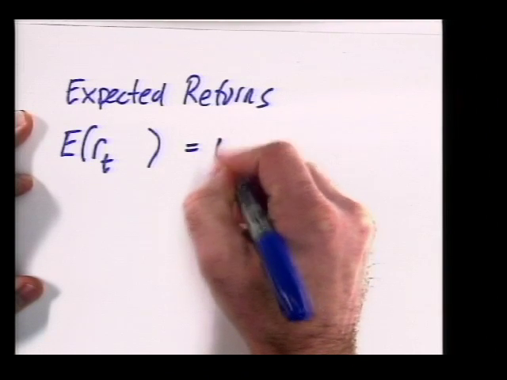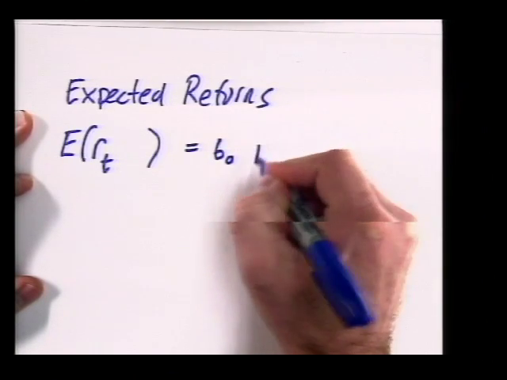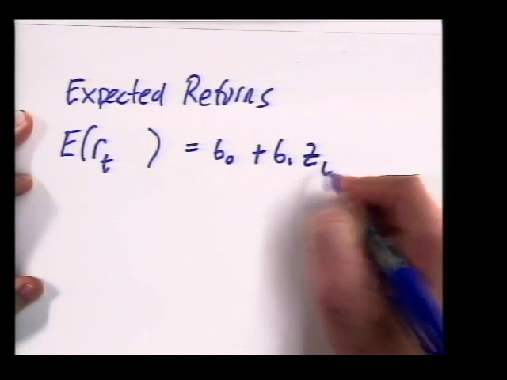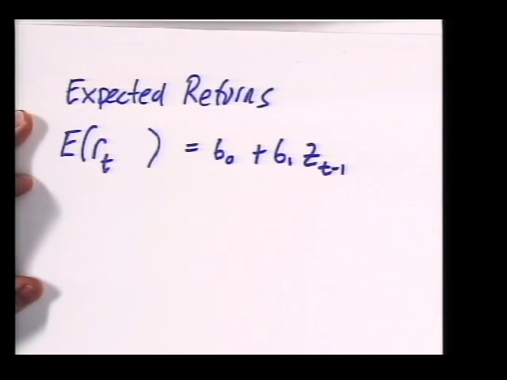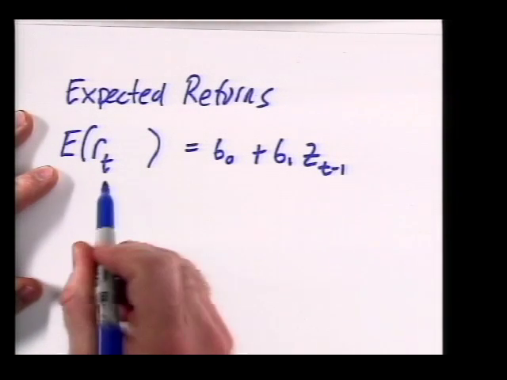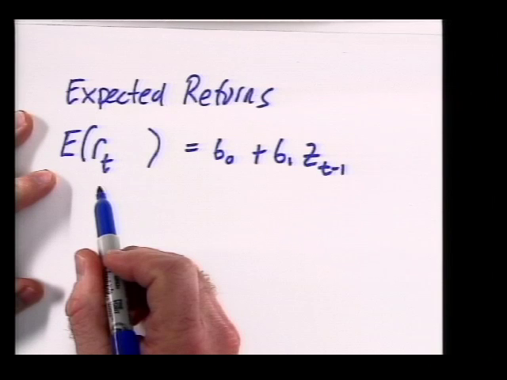some b0, that's a parameter, plus b1, and let's call it z t minus 1. Some variable, like the term structure, that we're using to forecast the returns. So notice the timing here, t minus 1 and t. We're using t minus 1 to forecast stuff at time t.